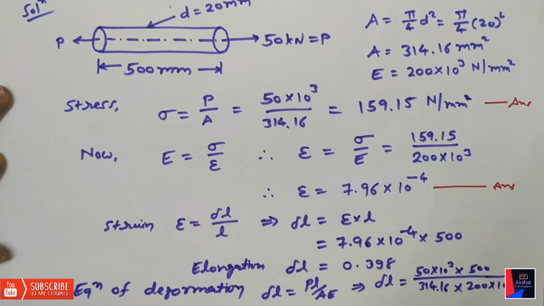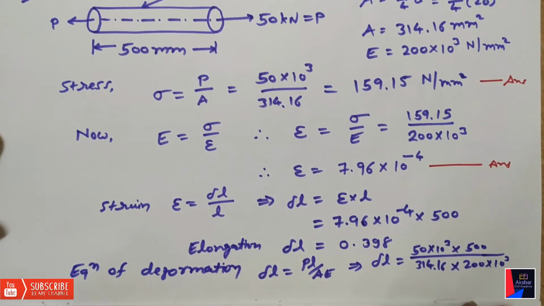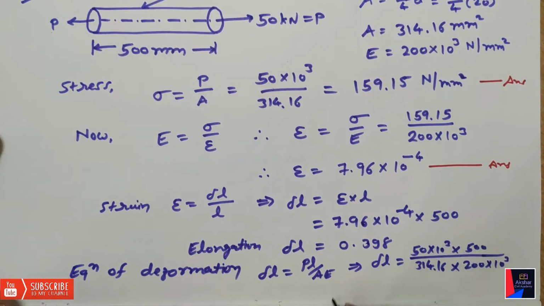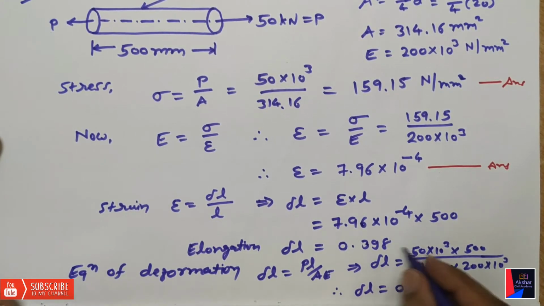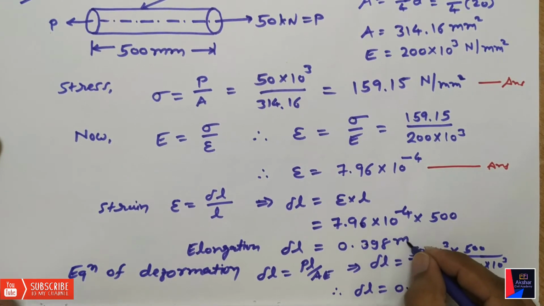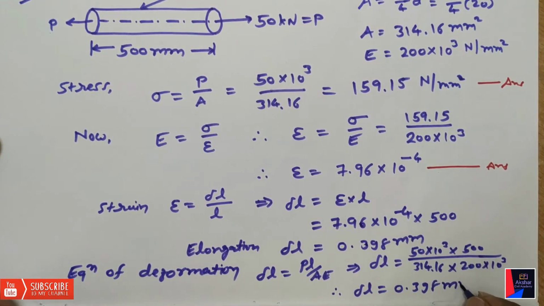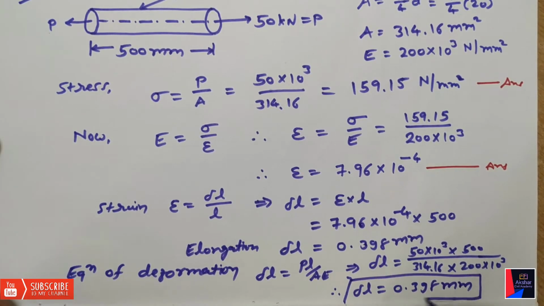By putting all these values we can calculate, and it will also become 0.398, and the unit will be mm. Deflection, elongation or deformation will be in mm.